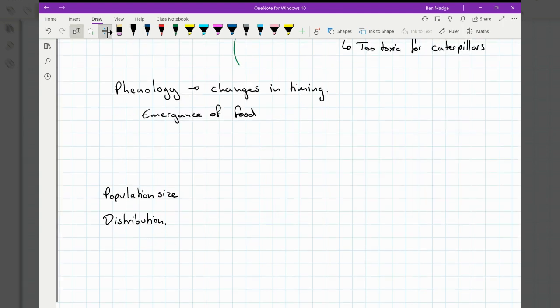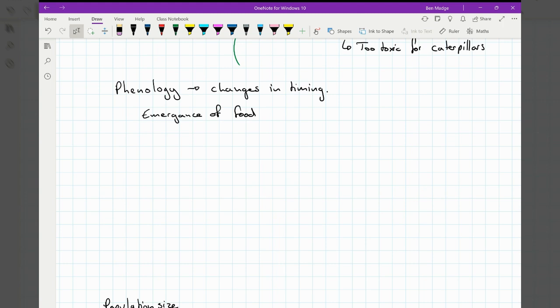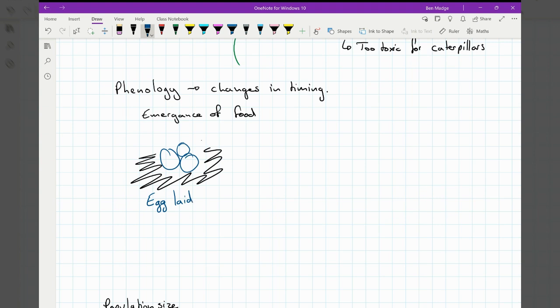So birds typically lay their eggs. Let's lay some eggs then. Here's my eggs in the nest. So the eggs are laid so that they hatch. There's our hungry chick. So they hatch when food availability, things like caterpillars, is at its highest.